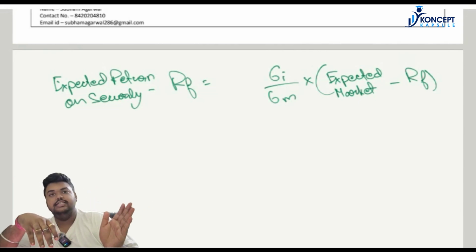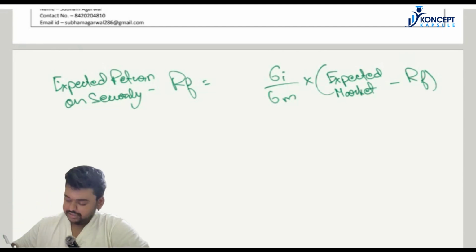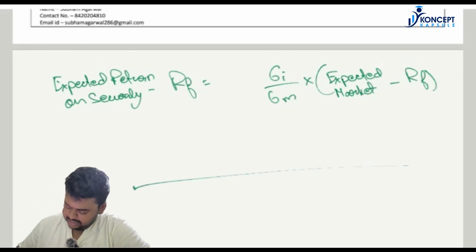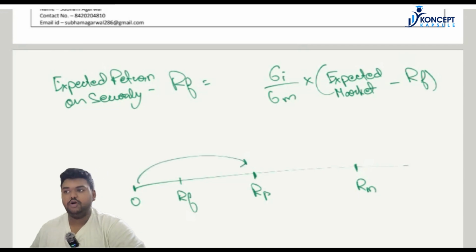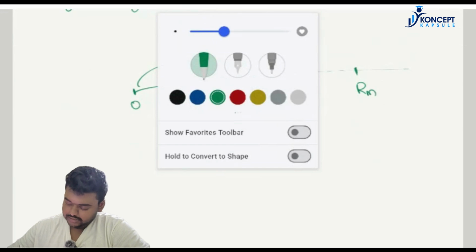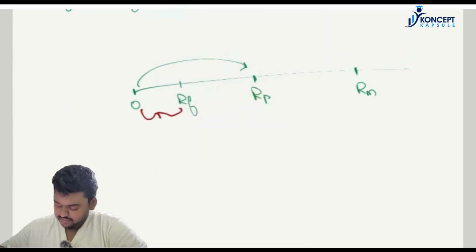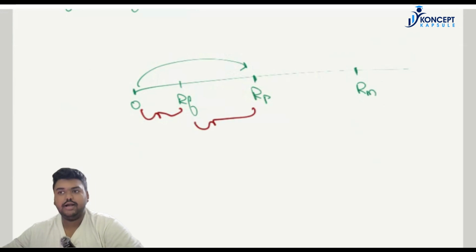See, if you remember my example of traveling from point 0 to point RF to point RP and then point RM. If you remember the line that we have drawn, 0, RF, RP, RM, where we had to travel from 0 to RP. But what we were doing is that we were breaking this road into two parts. First, we were traveling from 0 to RF, and then from RF to RP.